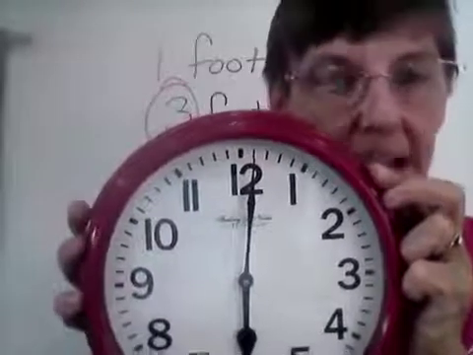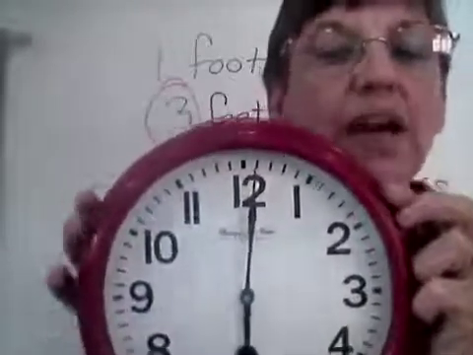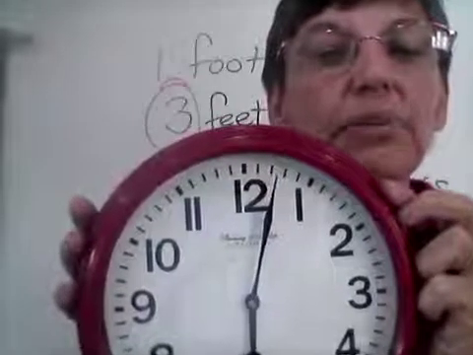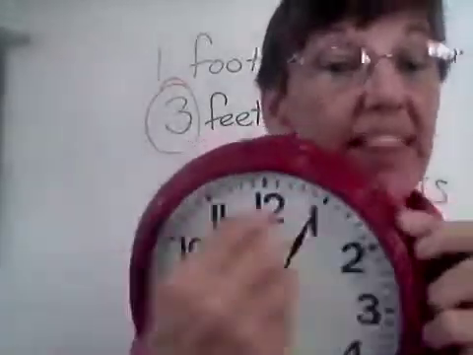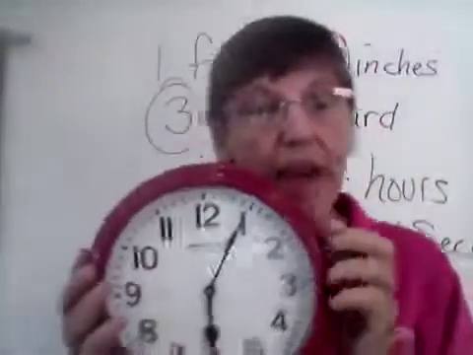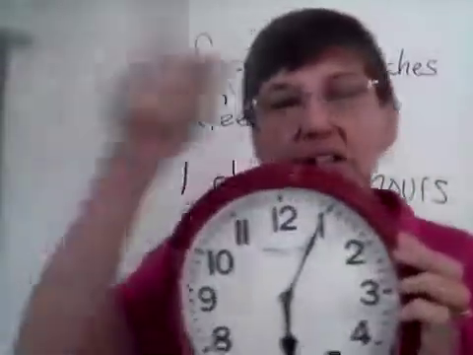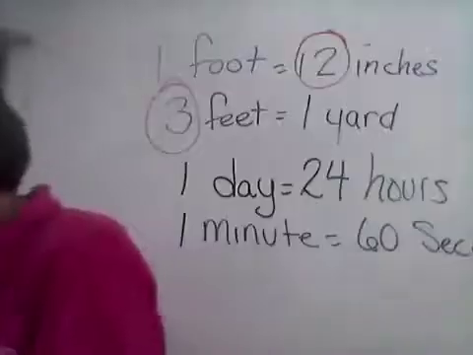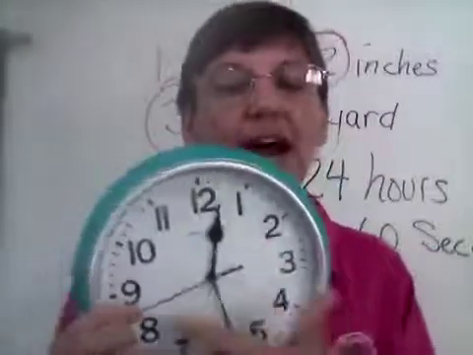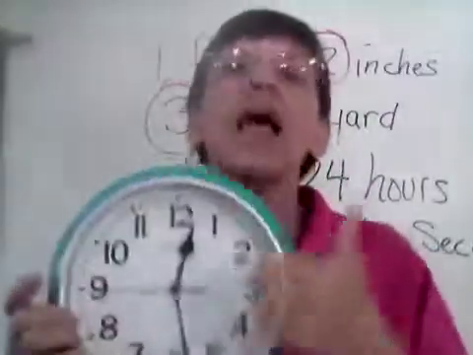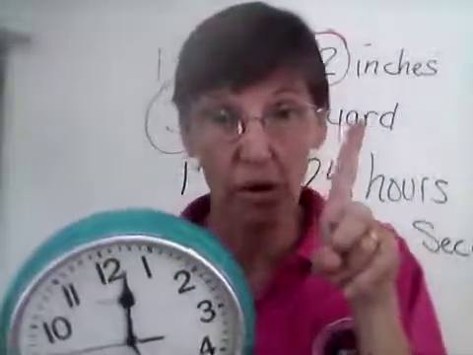Boop, it gets to there, okay? Then it goes around, 1 minute, 2 minutes, 3 minutes, 4 minutes, 5 minutes. We count these by 5s, and we're going to be doing that. So this little hand goes around 60 times, and that is 1 hour.